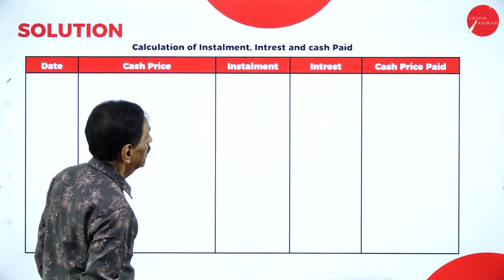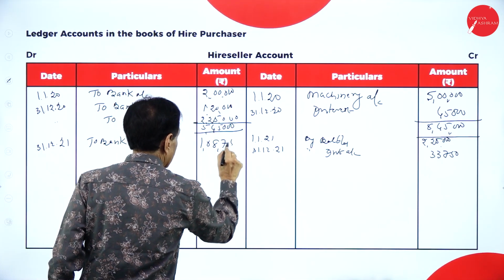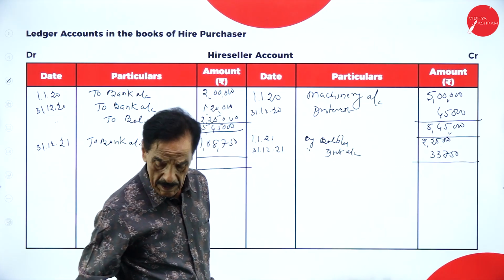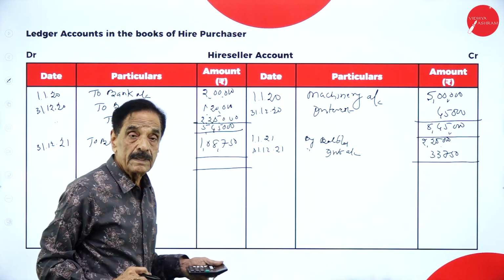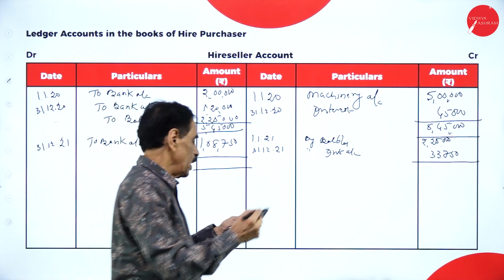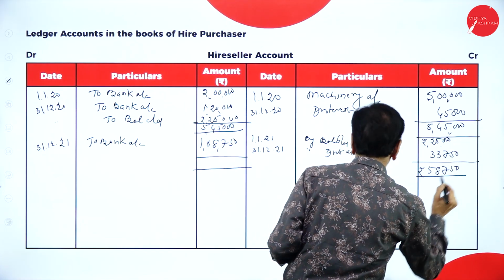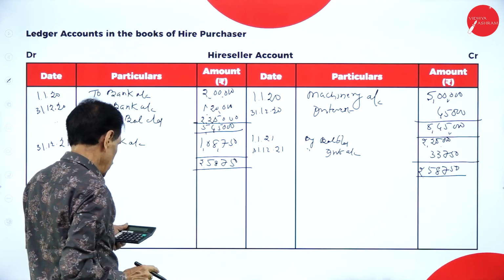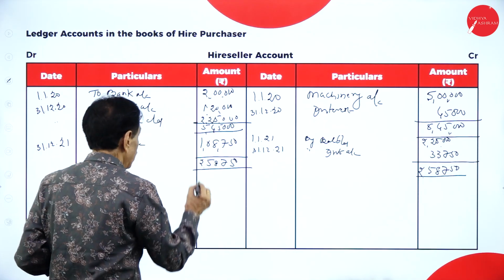Second installment 1,08,750. 2,25,000 plus 33,750 is equal to 2,58,750. 2,58,750 minus 1,08,750, 1,50,000.